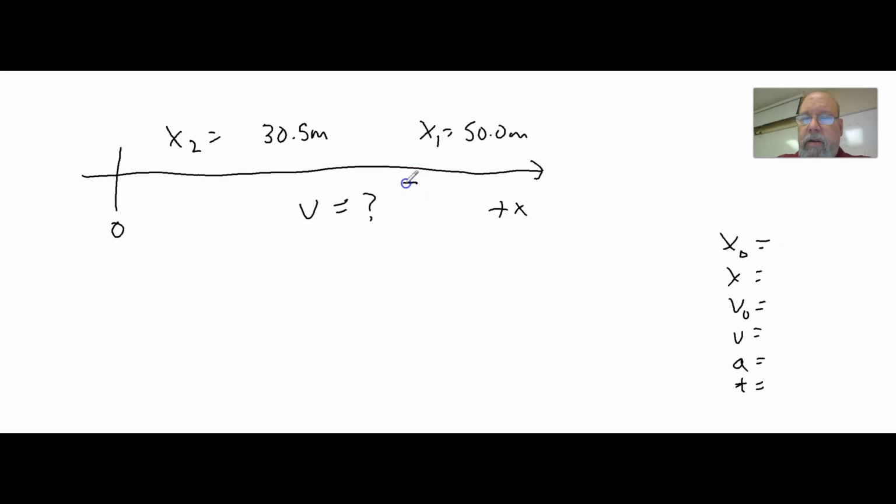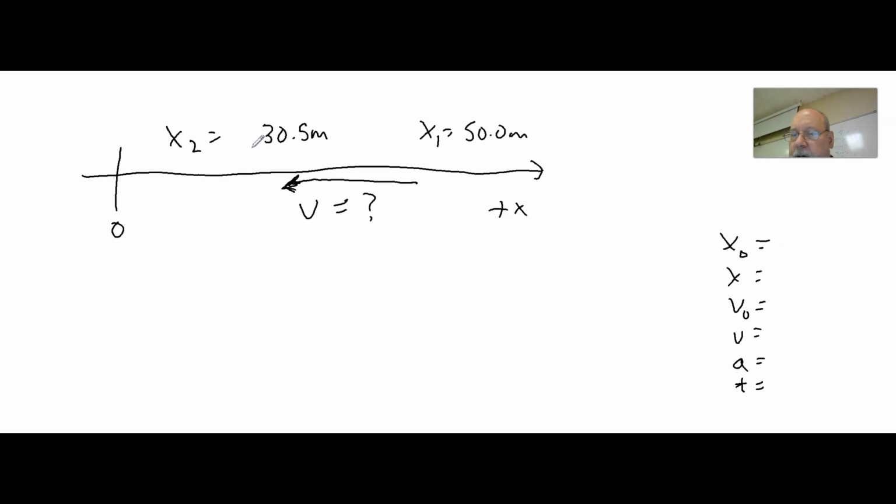So I'm going to say that my velocity looks like this. I'm traveling at a certain velocity in the negative direction. So when I do my math and find the value of that velocity, it's going to have a negative value, meaning I am going this velocity in the negative direction. So let's see if we can make our math do that.